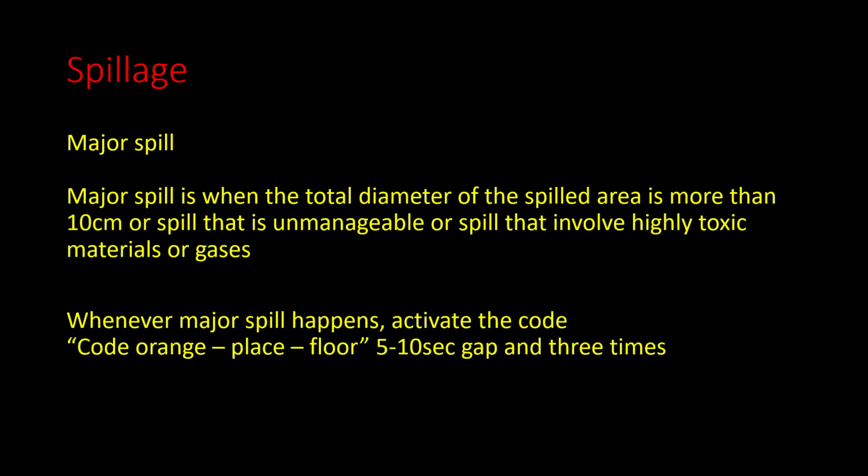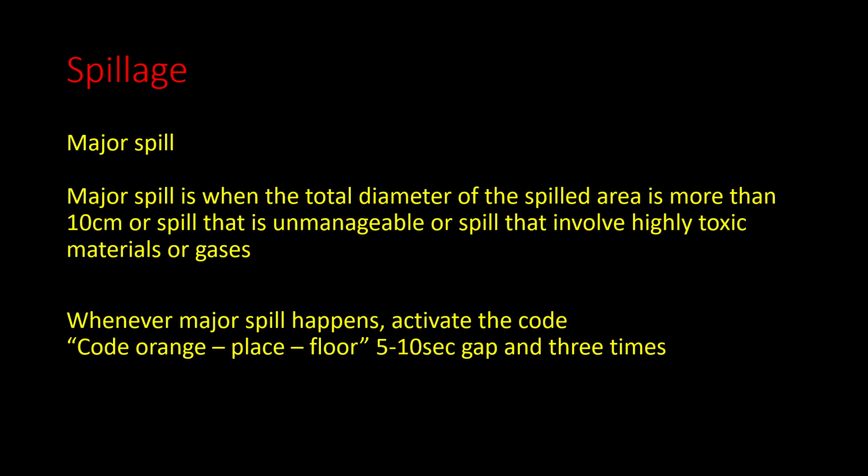Now, spillage can be a major spill or a minor spill. There is no actual objective difference between a major spill and a minor spill, but we can have a rough idea: if the total diameter of the spill is more than 10 centimeters, then we can call it a major spill.